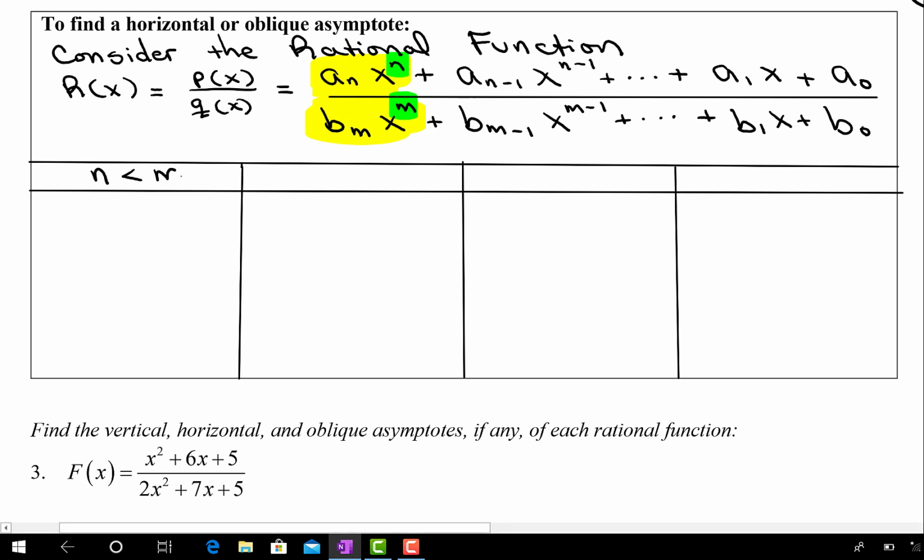We're going to look at what happens if n is less than m. So what does that mean? N is strictly less than m? It basically means that the degree of the numerator is less than the degree of the denominator.